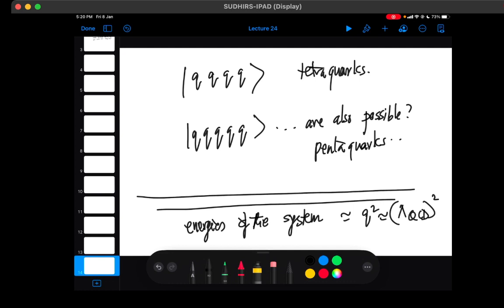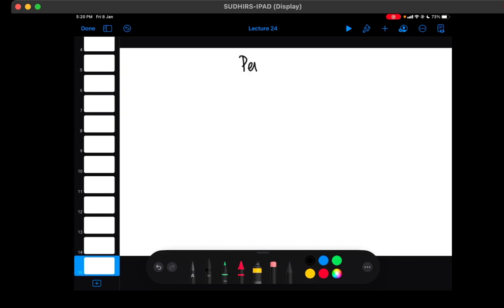Now, what happens if you start going to higher energies? When the quarks start having higher and higher energies, you start probing smaller and smaller length scales. Here we enter the regime of perturbative QCD.